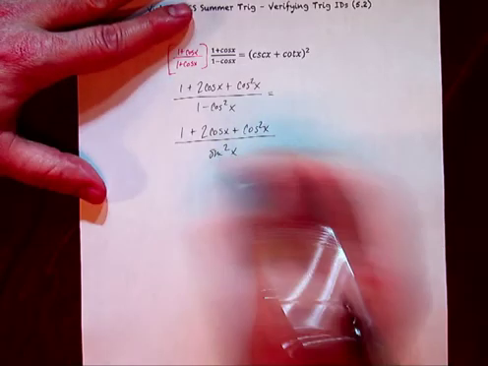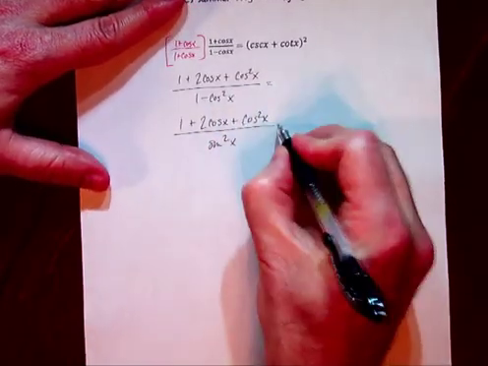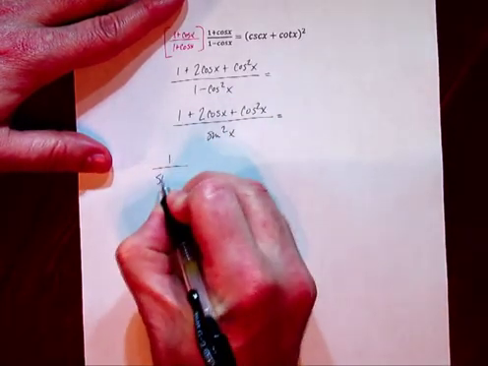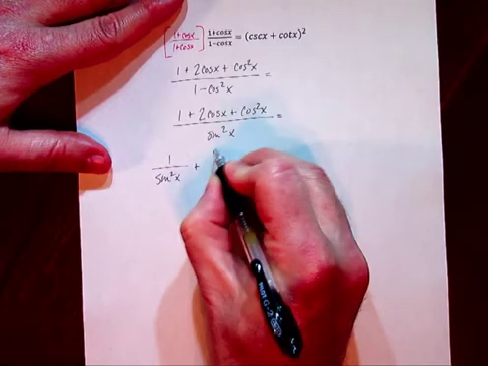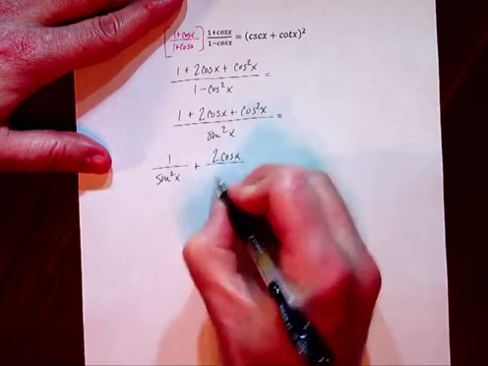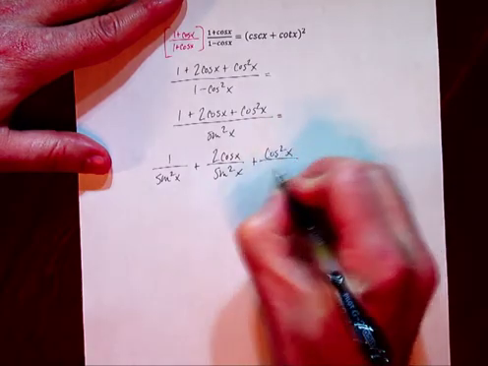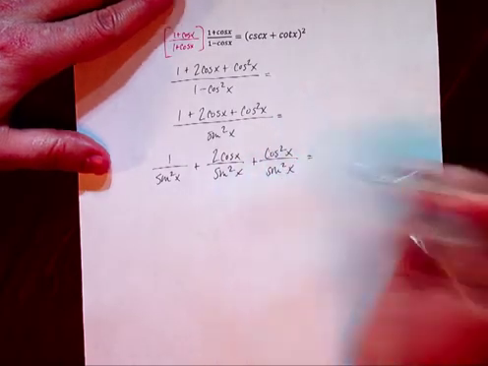And then if I separate the fractions, and I'm actually going to show the separation of fractions here, remember that if you have a monomial denominator, that can become something like that, right? That's what I mean by separating the fractions.